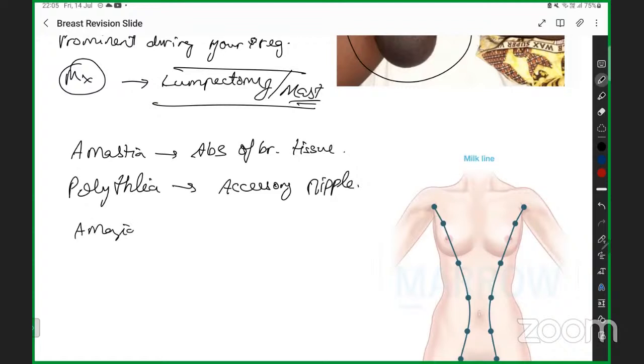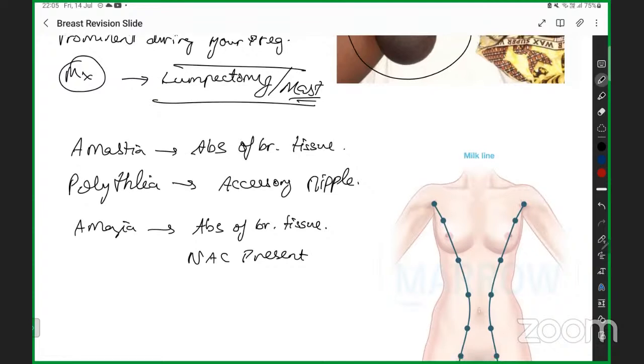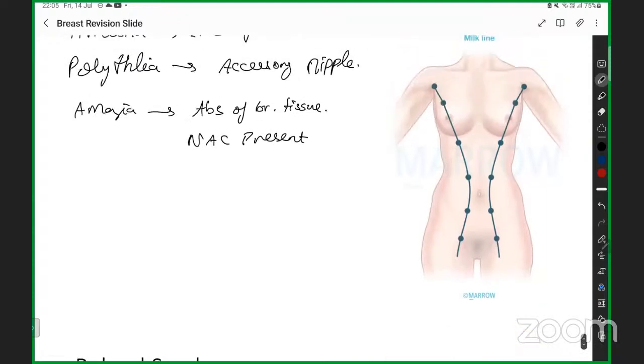What is amazia? Amazia means absence of breast tissue, but remember, the nipple areolar complex is present. In amastia, everything is absent. But in amazia, there is absence of breast tissue, but the nipple areolar complex is present.